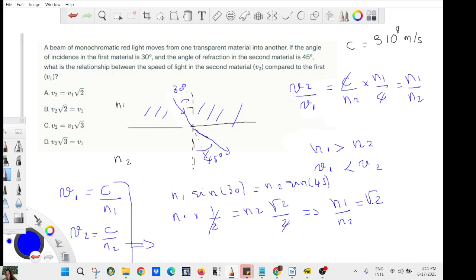We have this ratio here, so it's square root of 2. So the answer is v2 equals square root of 2 times v1. So the answer is A.